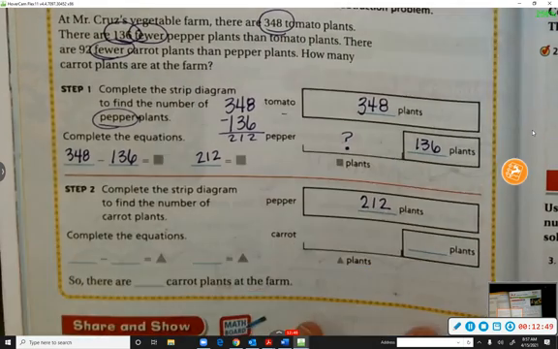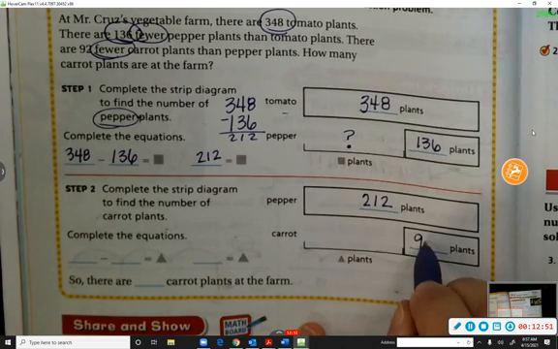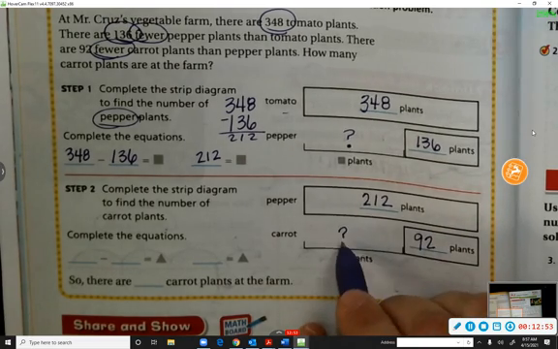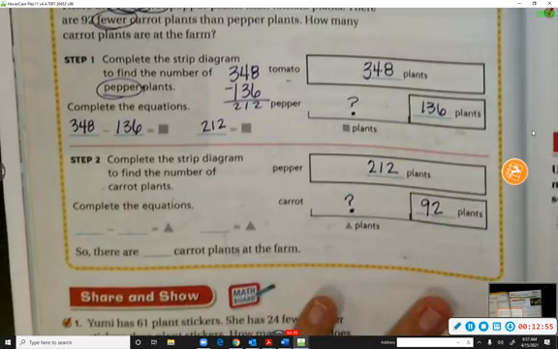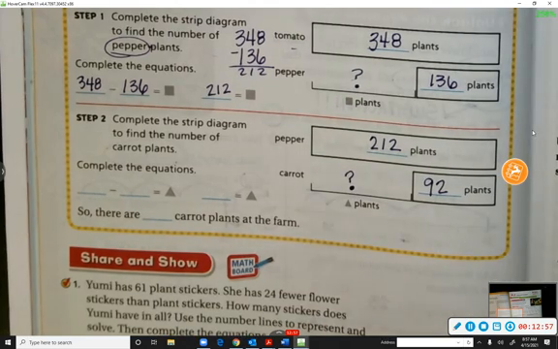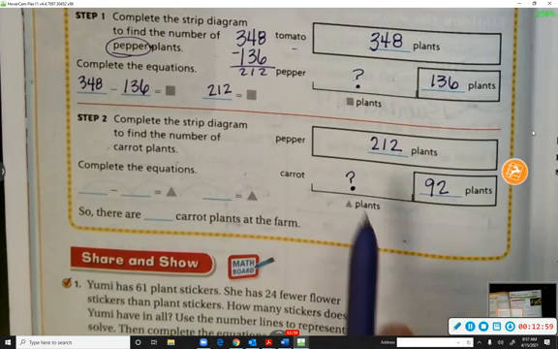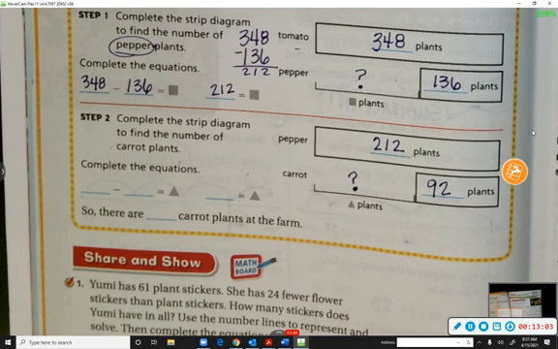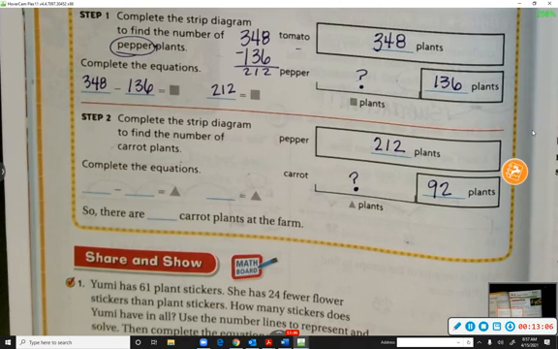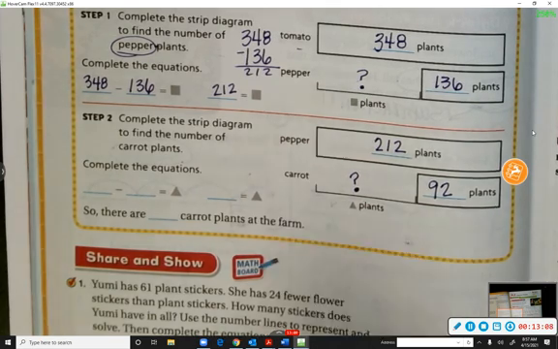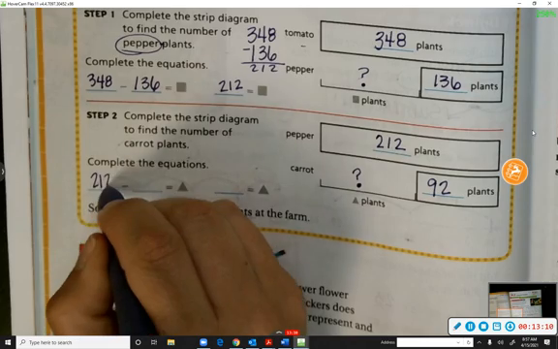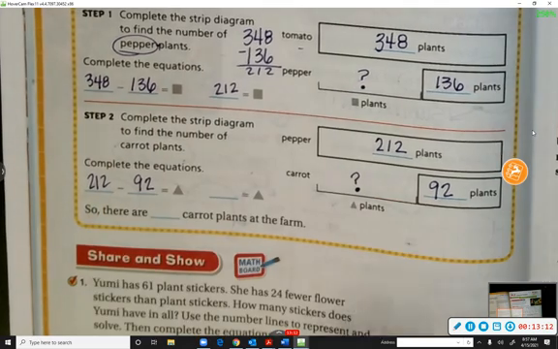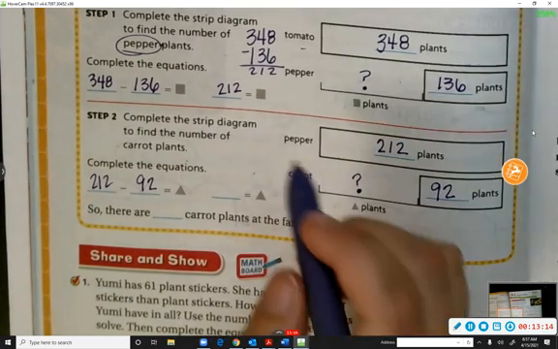So I need to put 92 here to figure out how many are carrot plants. Okay, so what would I do now with this missing piece? Evangeline? Subtract them. So 212 minus 92. Go ahead and subtract and tell me what you get.